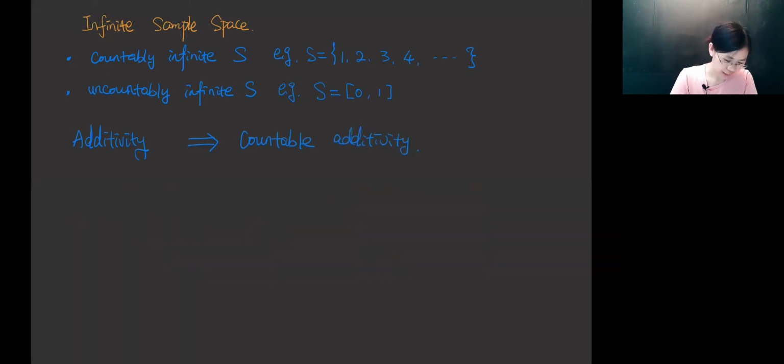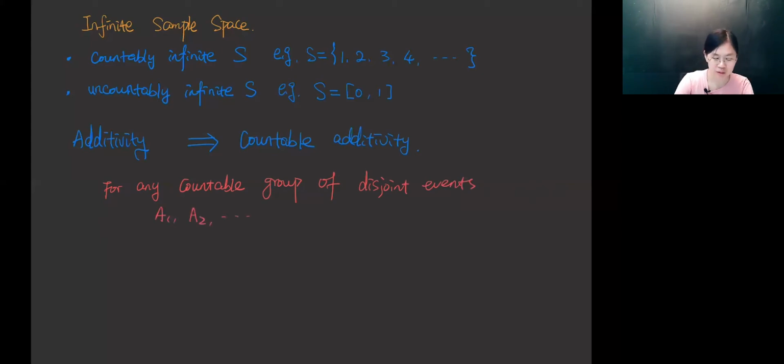Countable additivity is stated as follows. For any countable group of disjoint events, A1, A2 to infinity, the probability measure should satisfy that the probability of the union of all the events in this group equals the sum of the probability of each event.